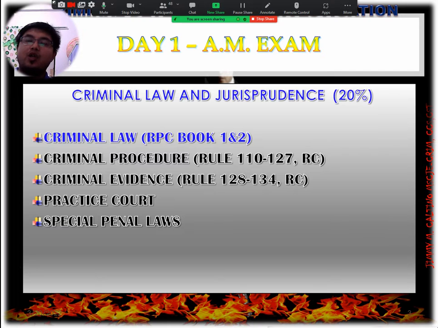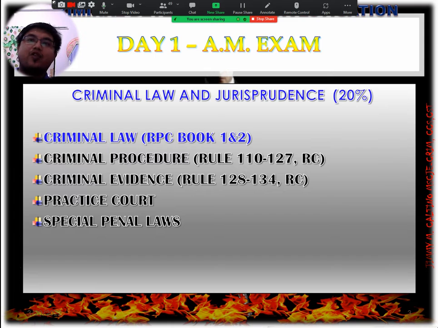So you will all be taking your board examination. The first thing that comes up when they say criminal law book 1 is that you should be able to remember the stages of crime commission. We have the attempted, the frustrated, and the consummated.